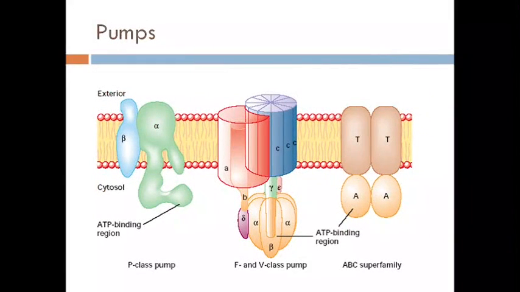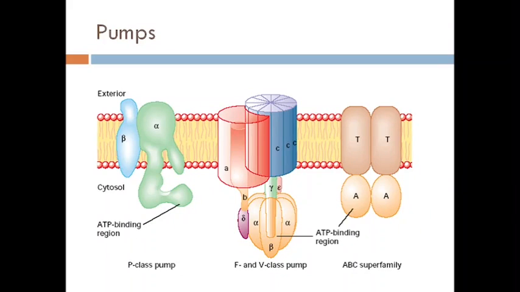These are the different pumps we can see. Three different types of pumps are given: P class pump, F and V class pump, and ABC superfamily. In the first figure we can see that the P class pump has alpha and beta subunits. The beta subunit has an ATP binding region, and with the help of ATP, this particular pump is able to transport the solute inside and outside of the cytoplasmic membrane.